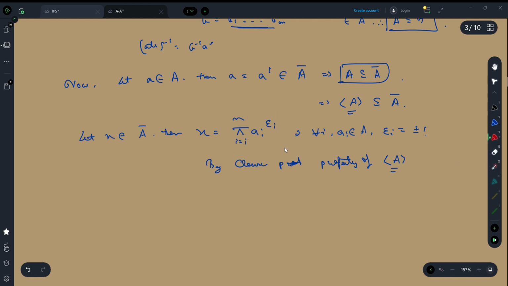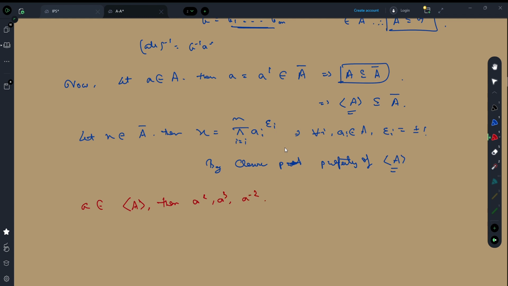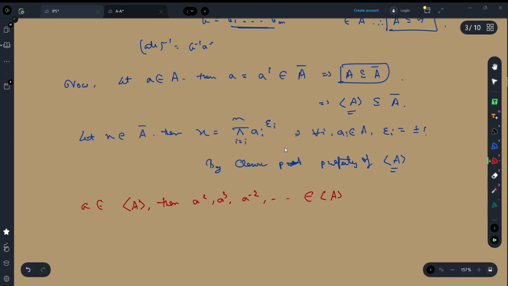This is a subgroup, right? So every element of this form should be contained in the subgroup generated by A. Because if a is in this, then a squared, a cubed, a to the power minus 2, all of these elements are in this by the closure property. Are you getting my point?